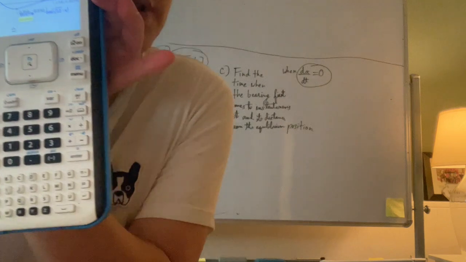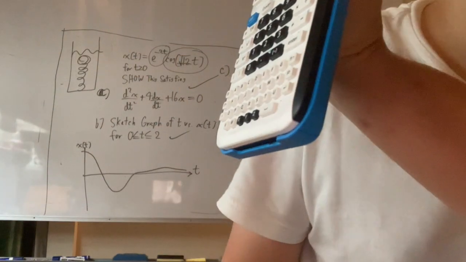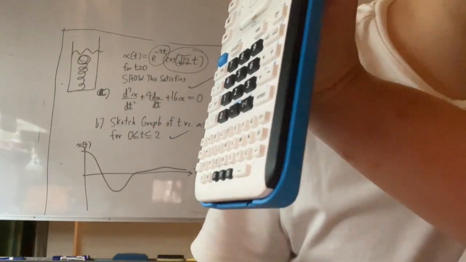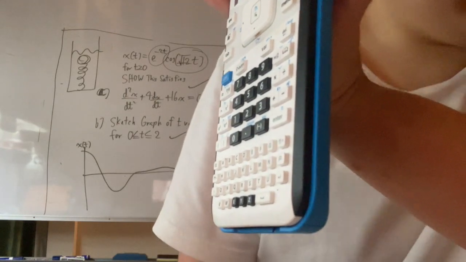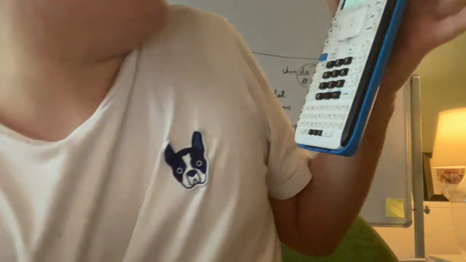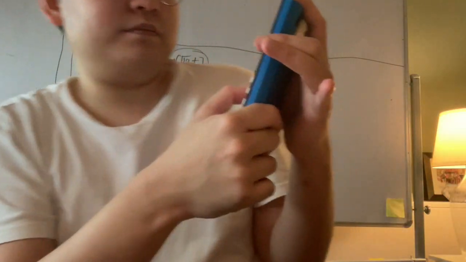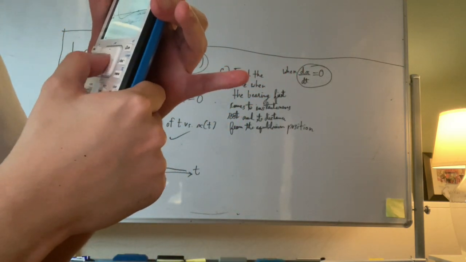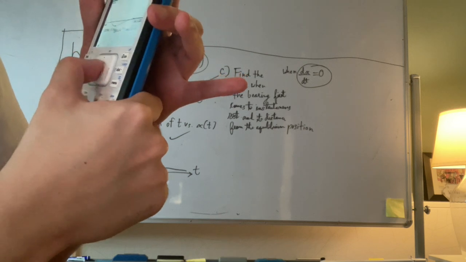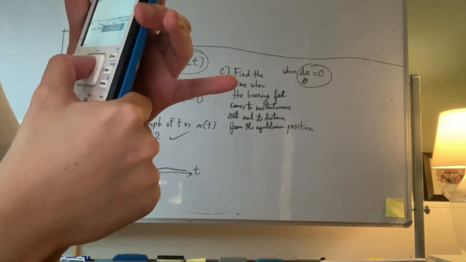And they're interested in the time and the distance from its equilibrium position. So the time first comes to rest. So this minimum point, just from what we found here, let me see if I can... Okay, text label here.